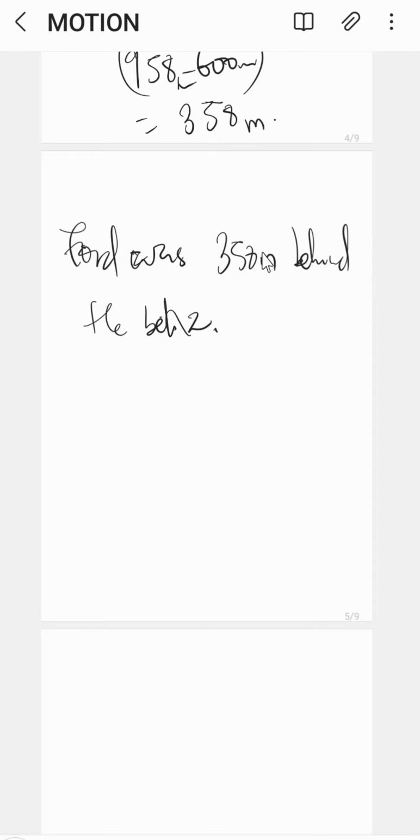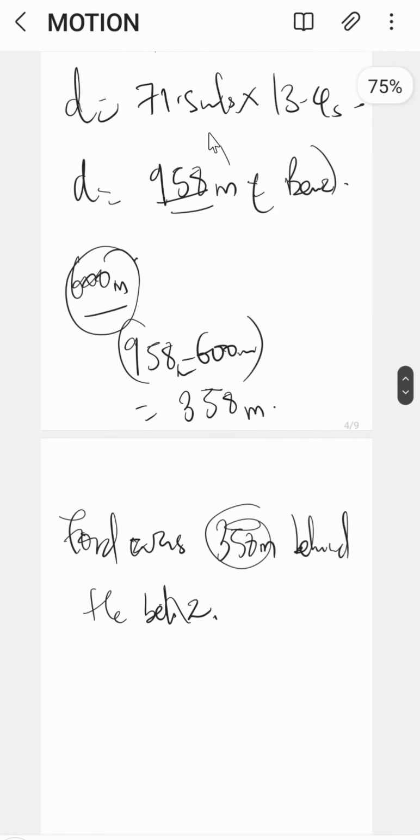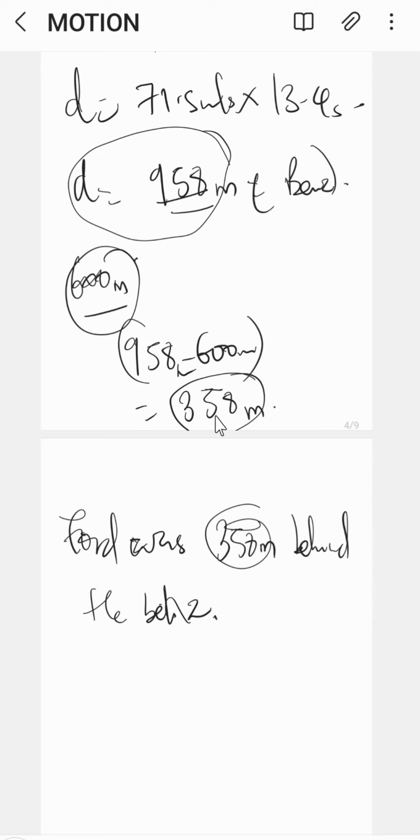The distance the Benz was at was 958, and this is what has helped us find the difference between the two vehicles. This is how far the Benz was ahead of the Ford by 358 meters, and the Ford had fallen behind 358 meters from the Benz.